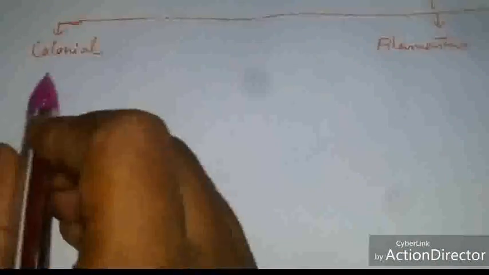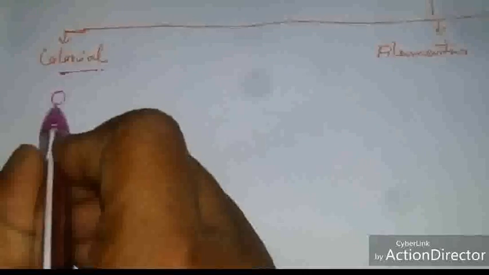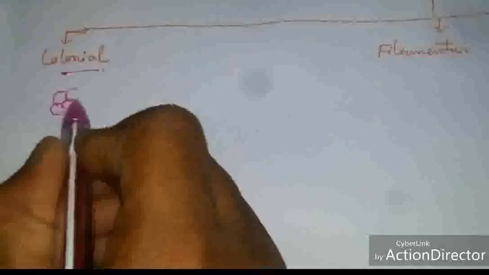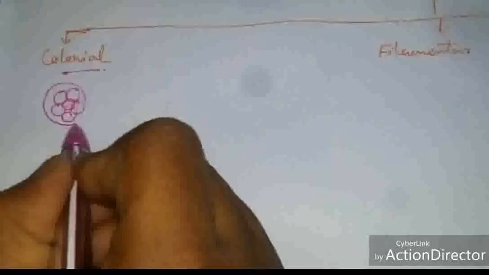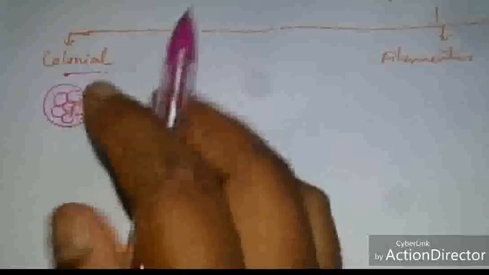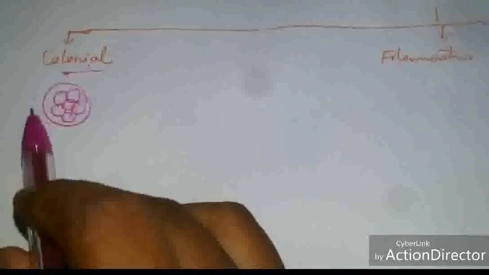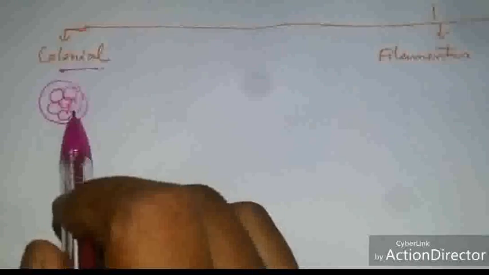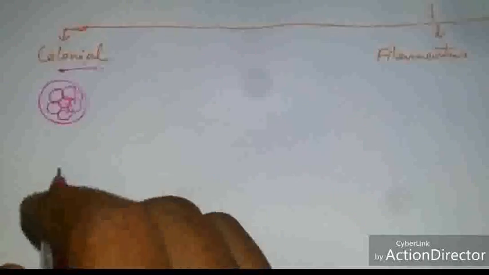In colonial type thallus, numerous cells are gathering together within a matrix. So it is called colonial type thallus body because so many cells make a colony and form a special type of thallus structure.